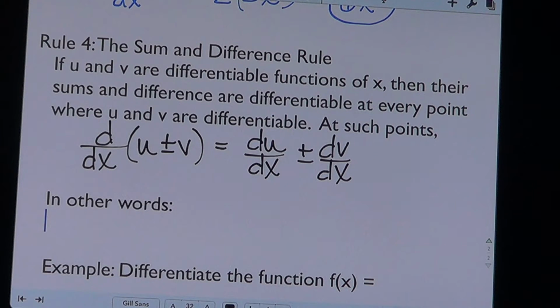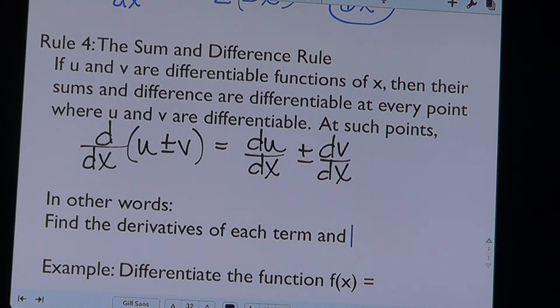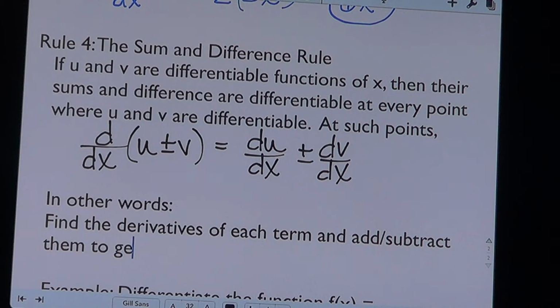In other words, we can find the derivative of each term and add or subtract them to get the derivative of the whole function.